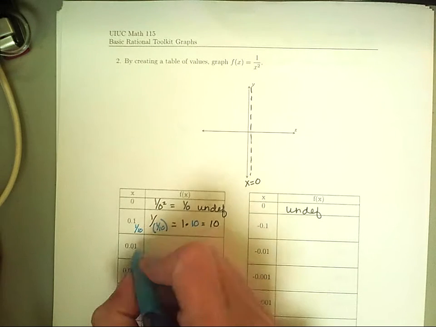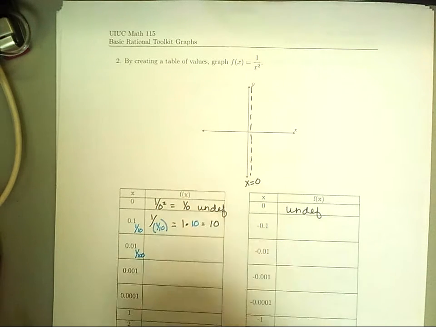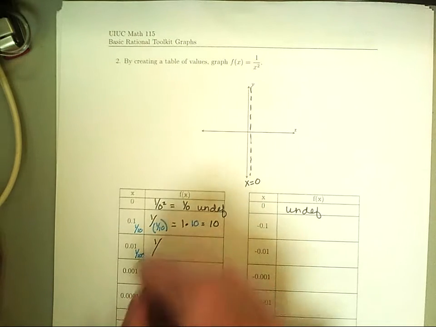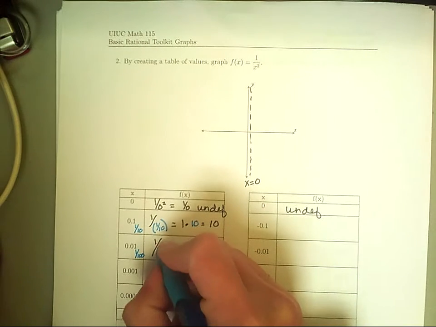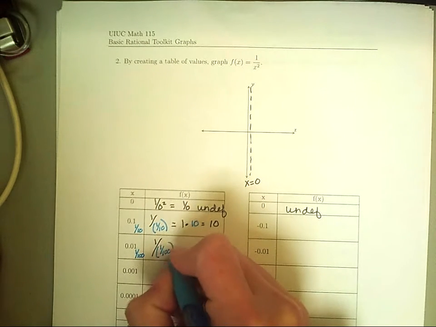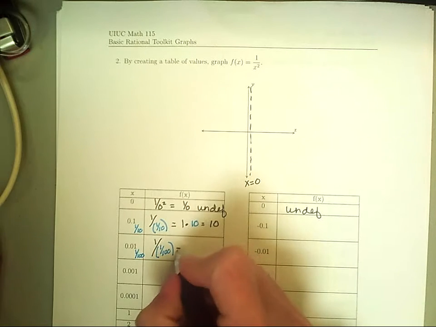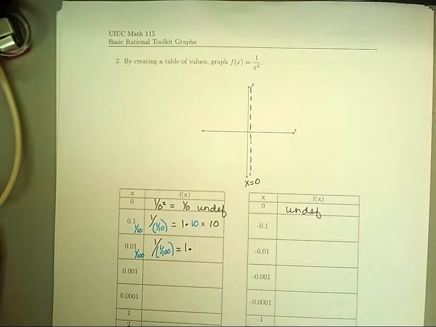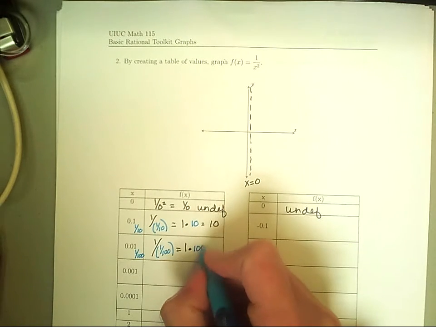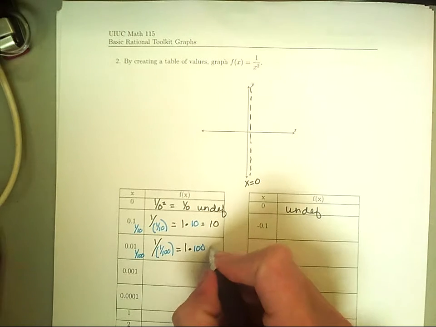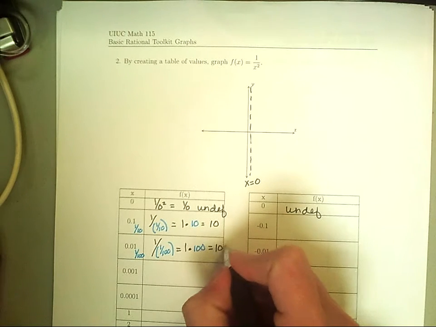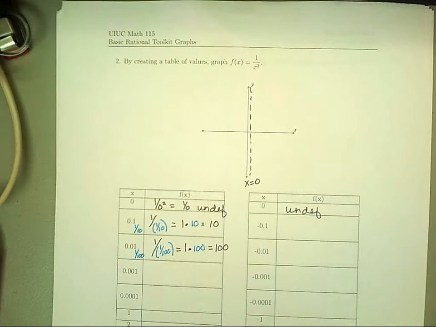If we think about this as 1 over 100, then when we plug it in, 1 divided by 1 over 100, inverting and multiplying, we'll get 1 times 100 over 1, which is simply 100, and now the function value is 100.